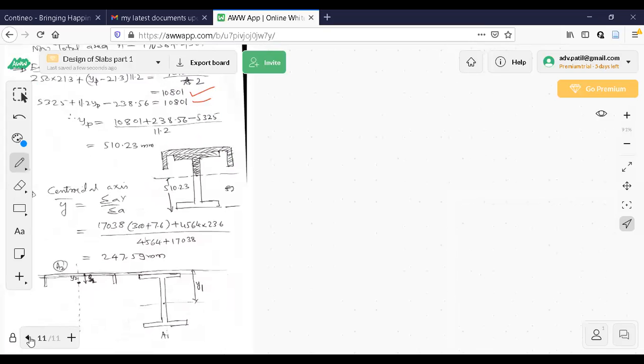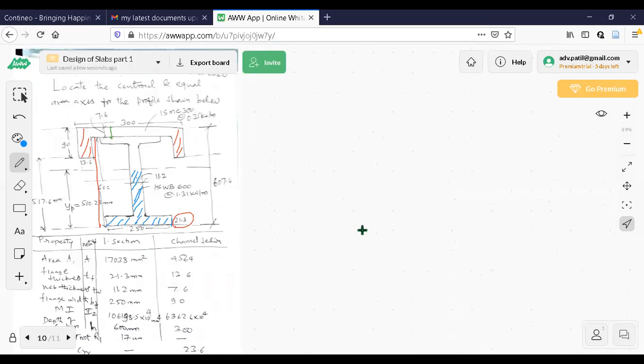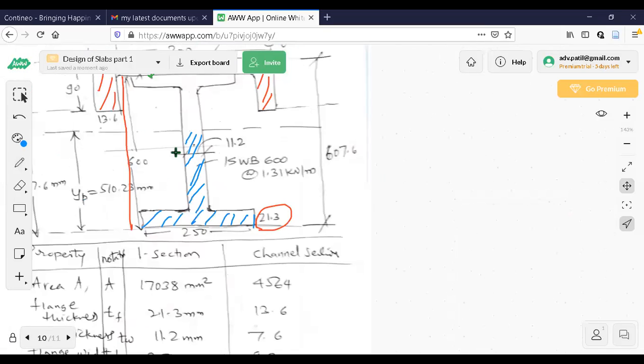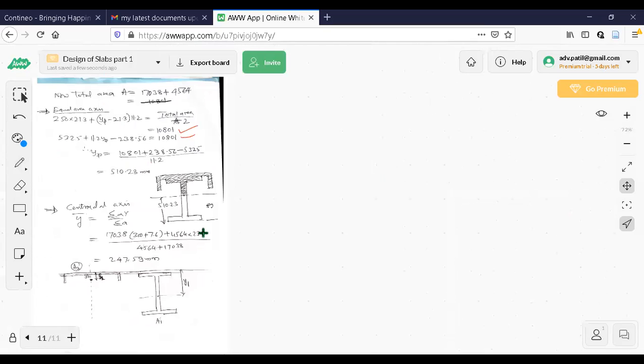So what it means here is, I will write down the area of this shaded portion and equate it to 10,801. From that, YP will be calculated. That is what I have done. Observe this.